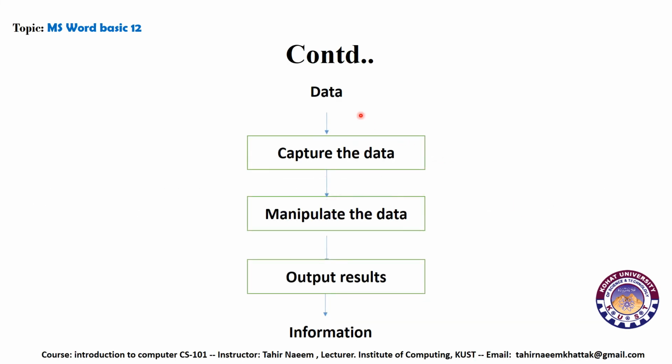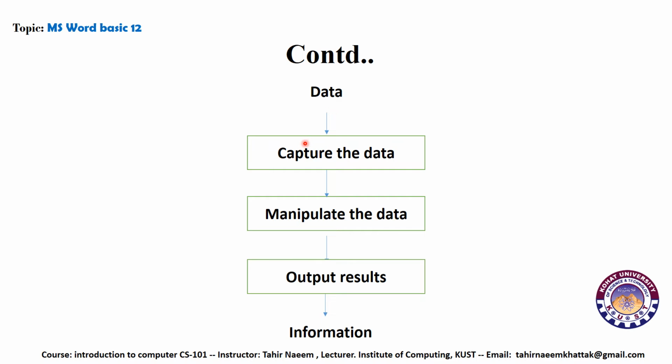So here are the different steps involved in electronic data processing. First of all, we have data, but this data has not been entered into a computer. It may be on paper or in any other form, but not in electronic form.